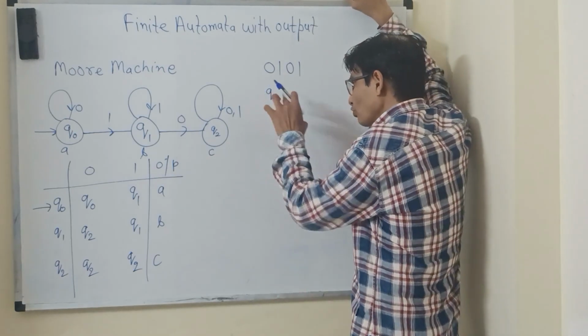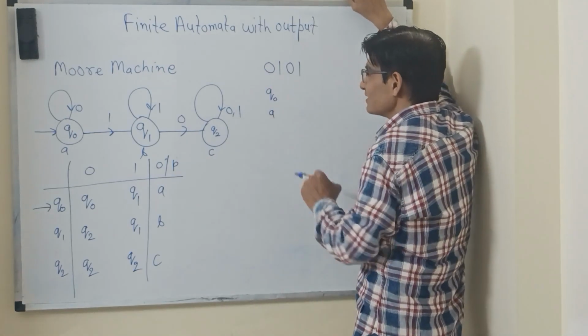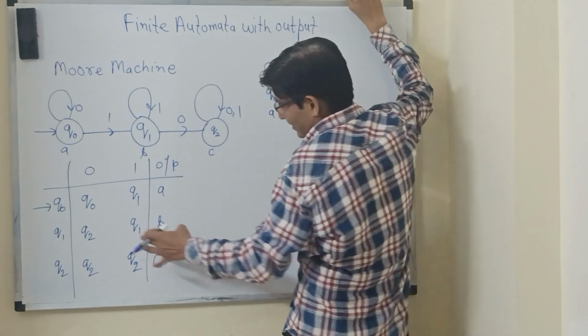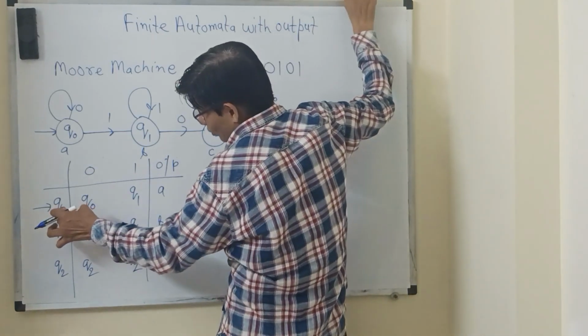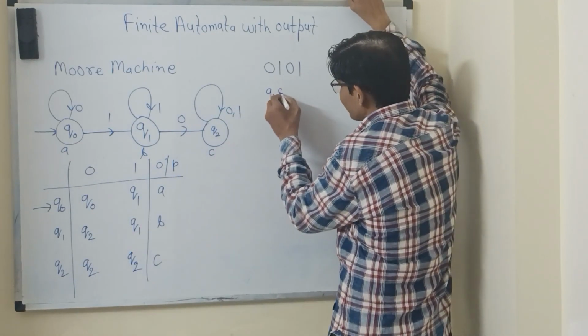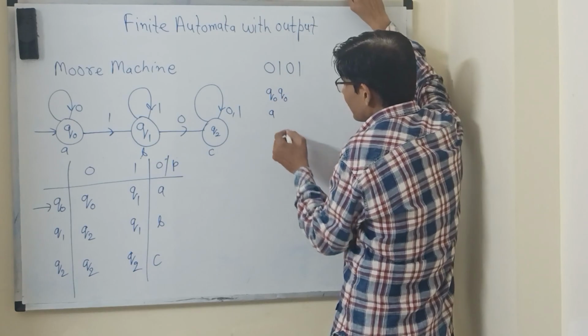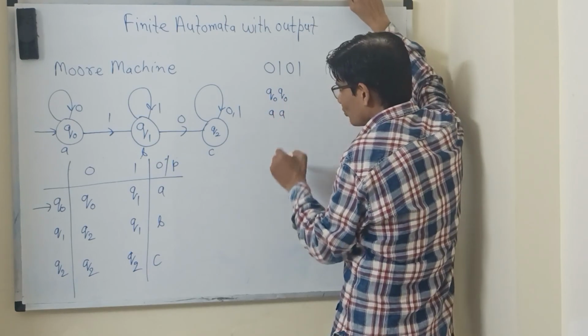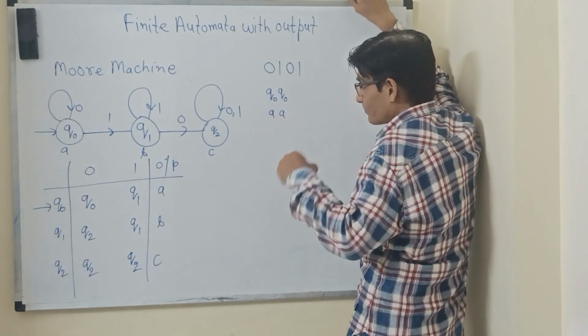Now we are on q0 and we are reading 0. In the transition table, on q0 if we get 0, we stay on q0. And as we are again on q0, it will generate one more a.